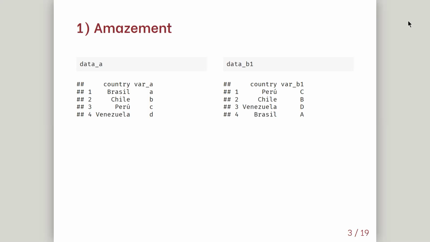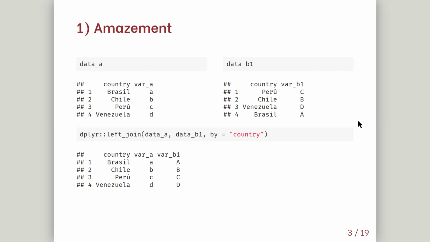So here I have two very simple data sets with South American countries and some variables. Let's imagine I want to add this B1 variable to this left-hand data set. I could do that with a variety of different things. With the R package dplyr, you could do a left join, you could use SQL and other R packages.